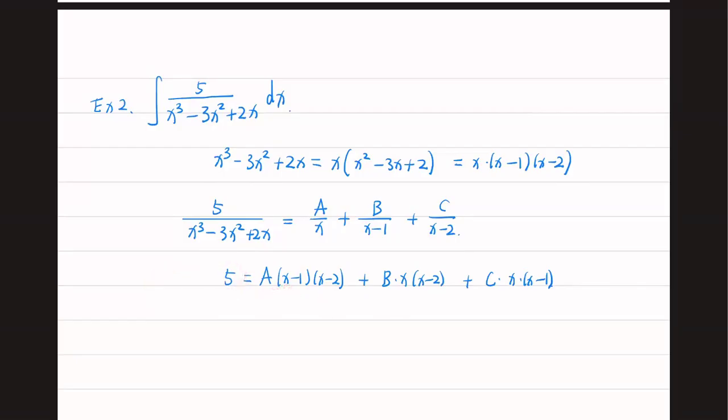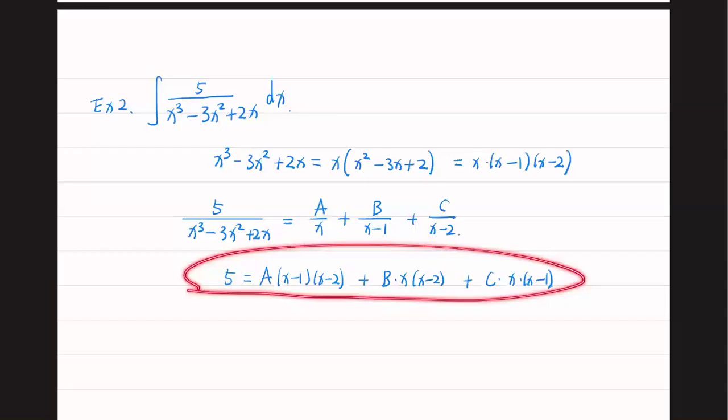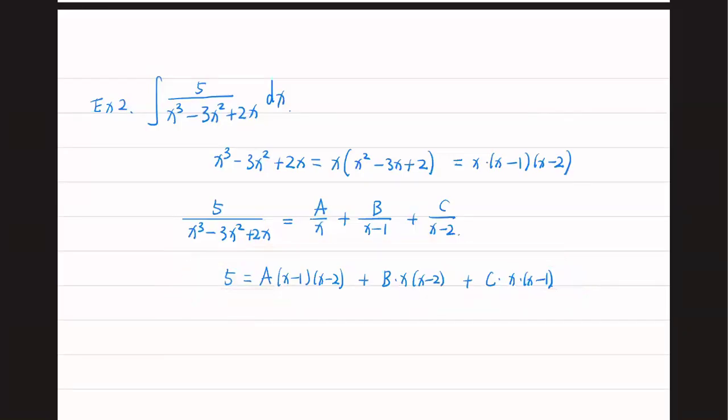Another method in this special case is this equation is true for any x. So we can pick a few special values to help us find this A, B, C.